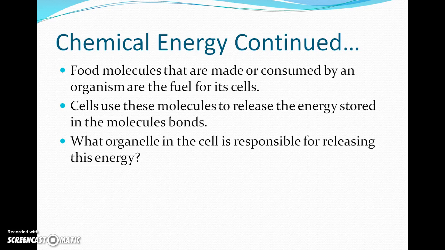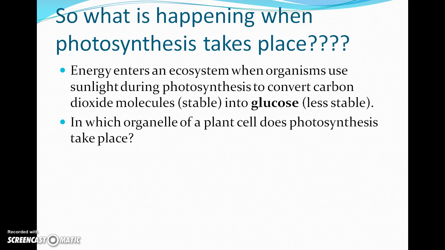Which organelle in the cell is responsible for releasing energy? The mitochondria. It's the powerhouse of the cell. When photosynthesis takes place, energy is going to come into the ecosystem to take these carbon dioxide molecules that you're constantly breathing out and use the sunlight to convert them into glucose.